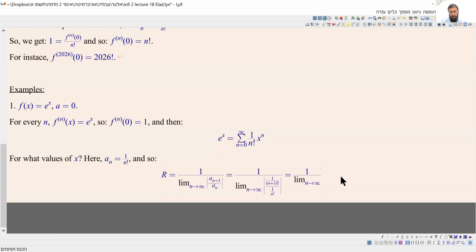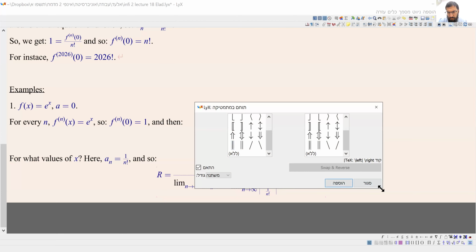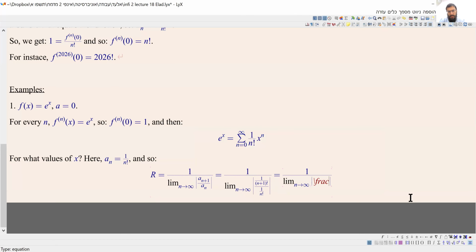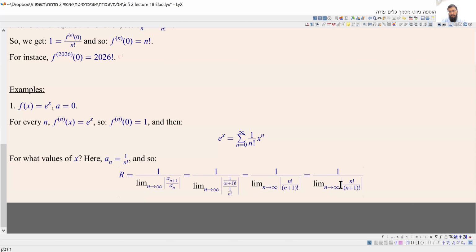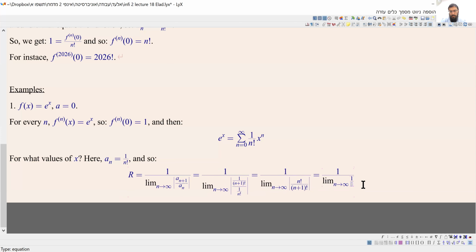We are left with, let's do it a bit slower. It's n factorial, (n+1) factorial. We are left with 1 above n plus 1, which goes to 0.